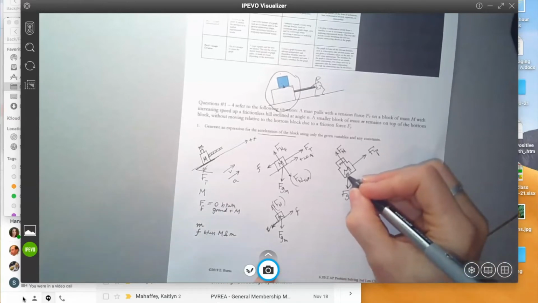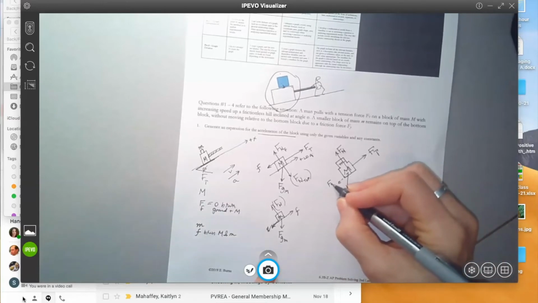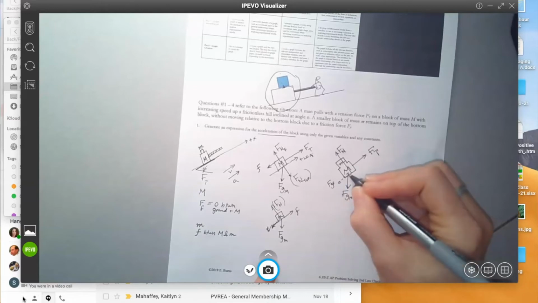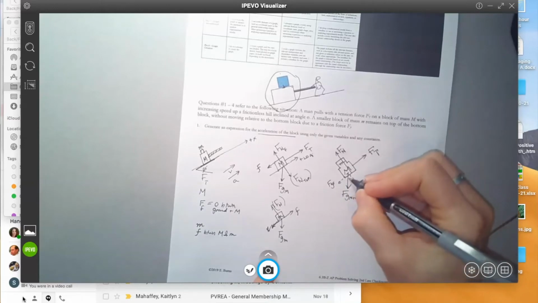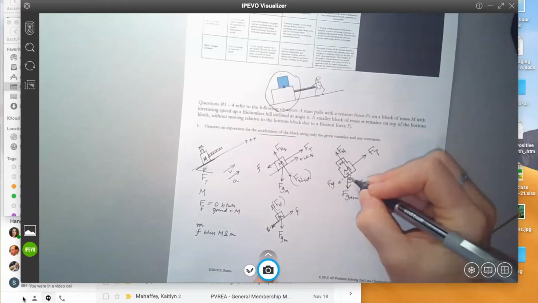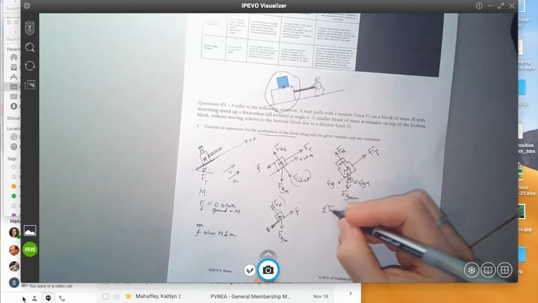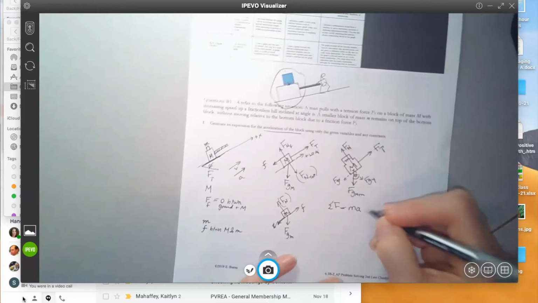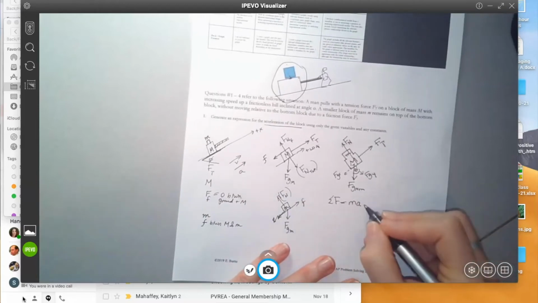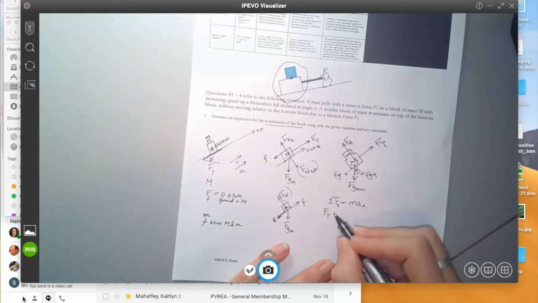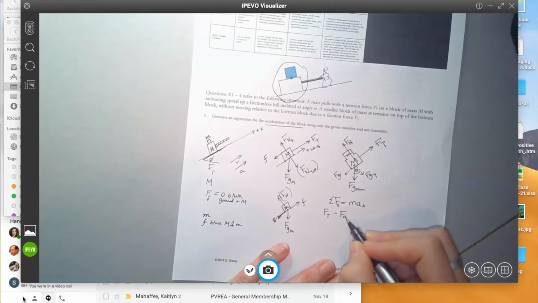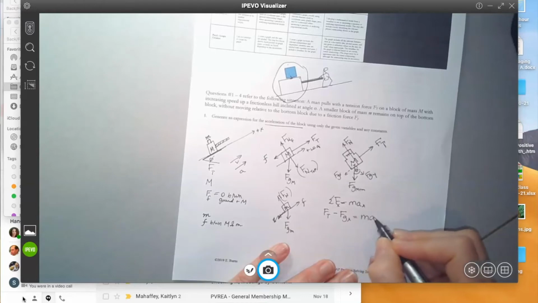So this force I'm going to break into components, with the angle of the incline in here. So my equation looks like this. And I've got Ft minus Fgx equals max.